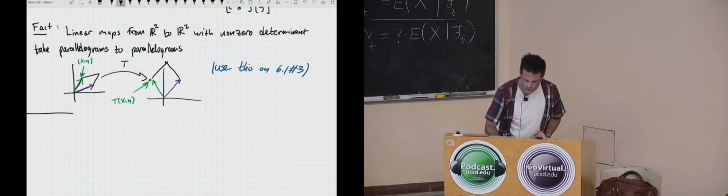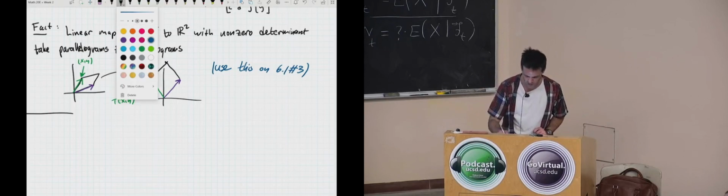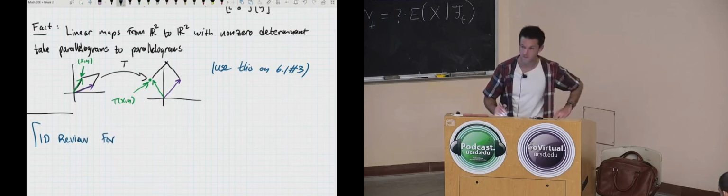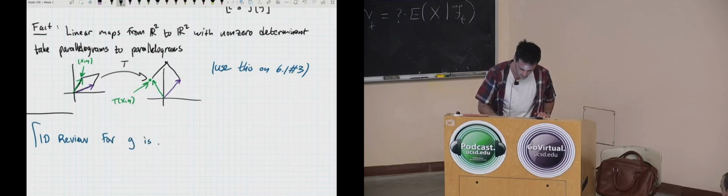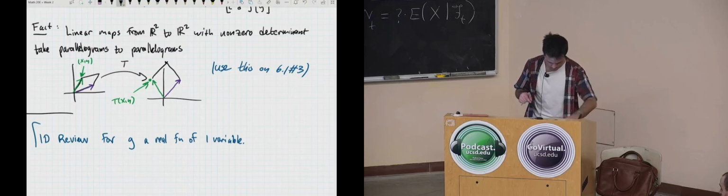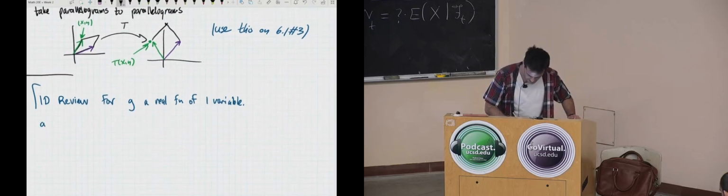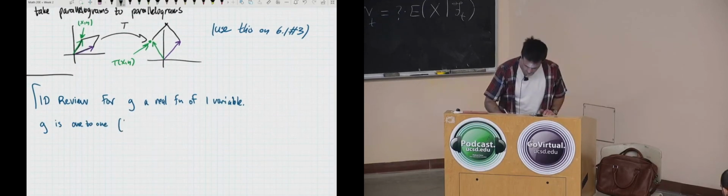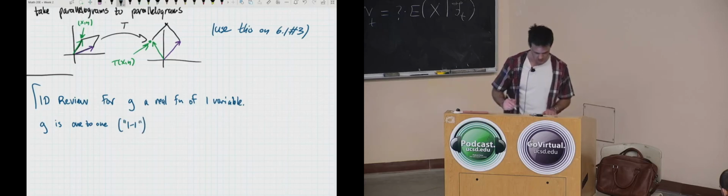So let me review one-dimensional functional concepts first. Here's a one-dimensional review. For g being a function, let's say g is a function of one variable, we say that g is one-to-one if, what does that mean?